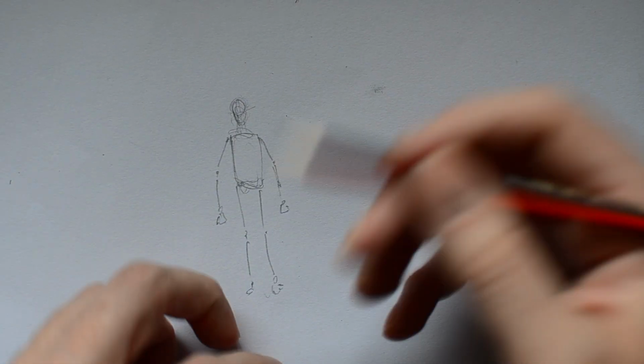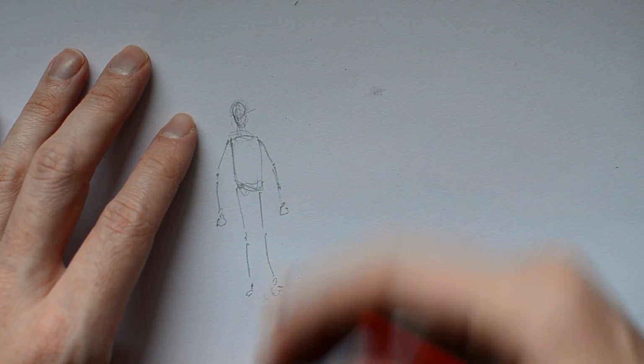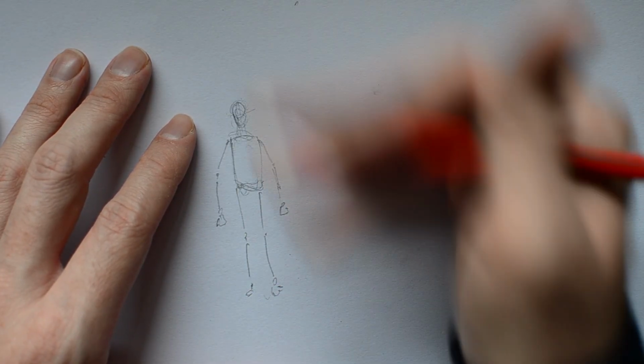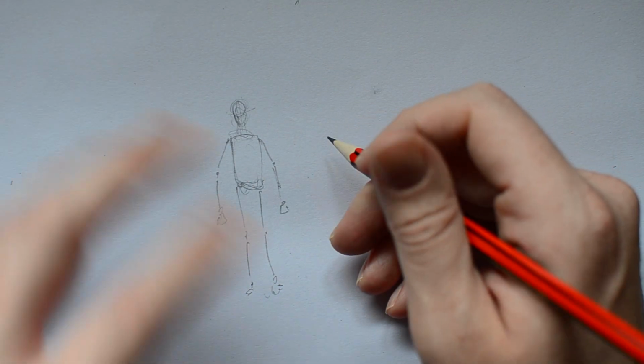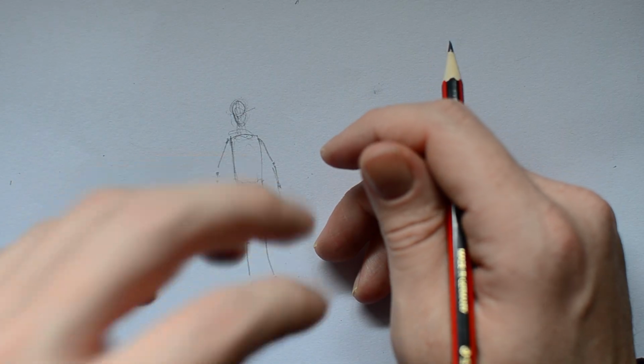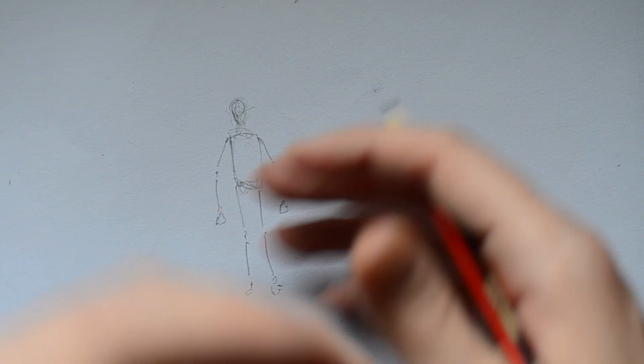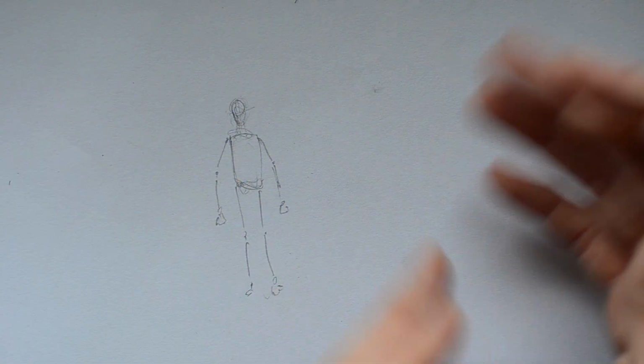With the rule of the 8 heads, for example, if you are trying to draw a kid, the kid obviously is shorter, and the skull and the eyes are two parts of the body that don't grow much from being a kid to adulthood.